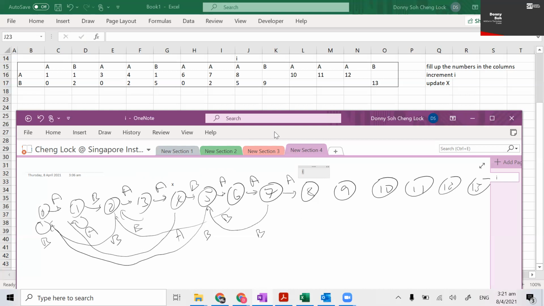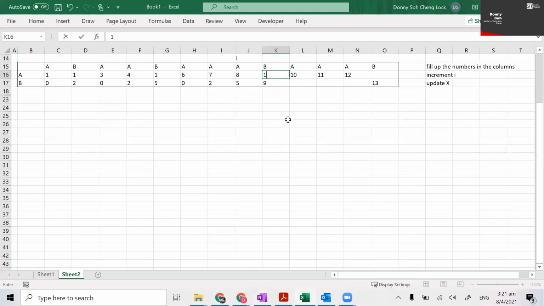Sorry, a bit dreaming. State number 1, another A, and this is actually from 8 to 9 is a B. So this will be state number 1.